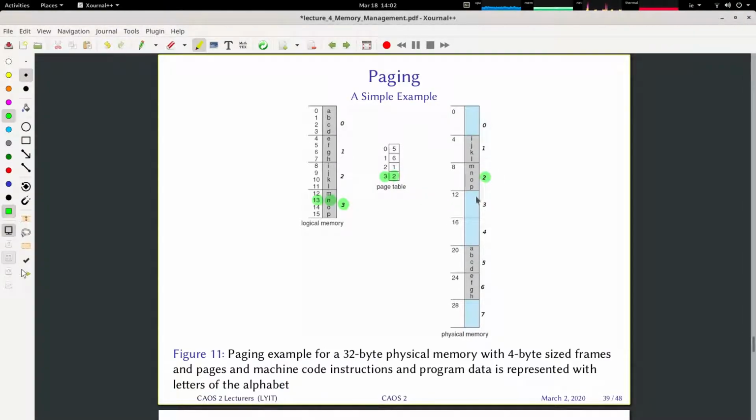There's frame 2 there, and we can see that the starting address of frame 2 is 8, and that when we consider the offset value for n, which is 13 in its logical form, we'll see that the offset value is 1. Okay, so we're looking to achieve a mapping between the logical address 13, and we want to map that to the physical address 9.